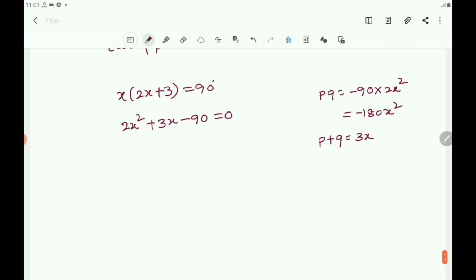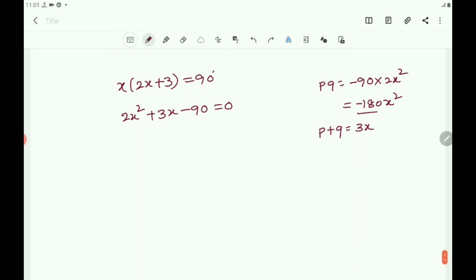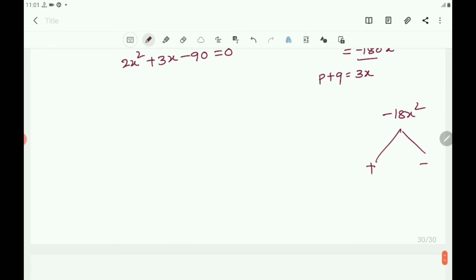Here the product is negative, which means the factors must have different signs, and the greater one has the sign of the middle term, 3x, which is positive. So the greater one has a positive sign and the smaller one a negative sign. Then you factorize 180x square.